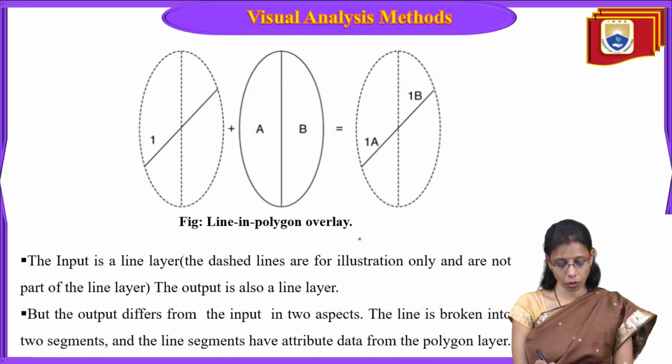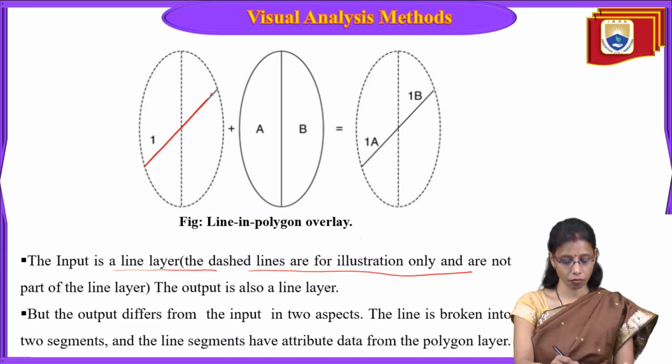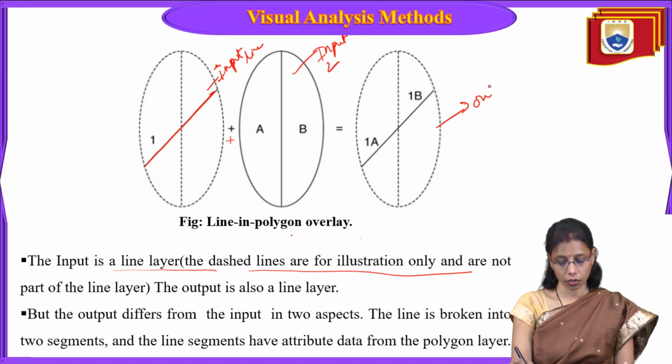Now you have line and polygon overlay. The dash lines are the illustration. Now this is the input line, one is the input line, and this is your input polygon, input 2, which we are going to put together. If you combine input 1 and 2, this is the output you are going to get.